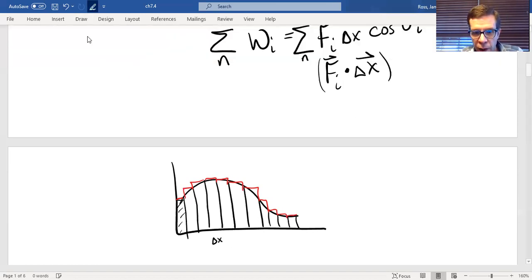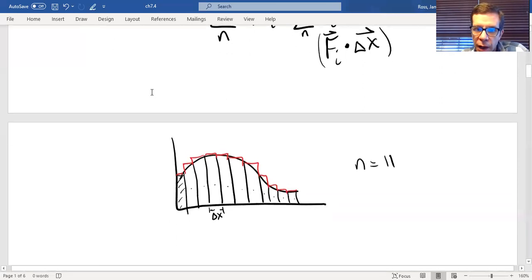This would be my delta x, and 1, 2, 3, 4, 5, 6, 7, 8, 9, 10, 11. N would be 11 for my example here. And we would add all of these up.